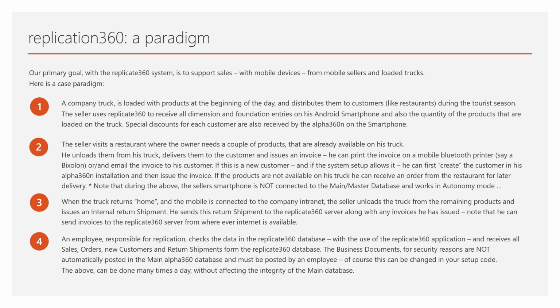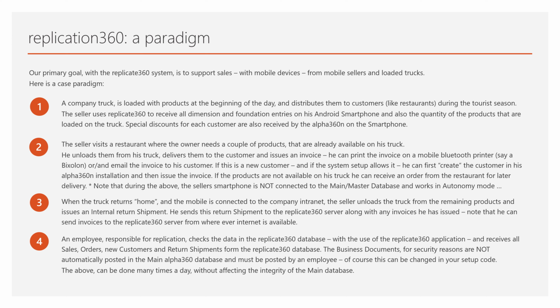Note that during the above, the seller's smartphone is not connected to the main master database and works in autonomy mode. Step 3. When the truck returns home and the mobile is connected to the company intranet, the seller unloads the truck from the remaining products and issues an internal return shipment.